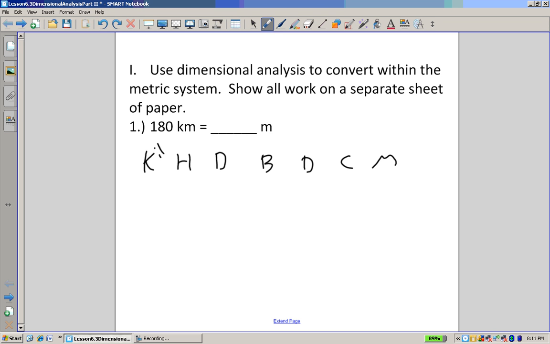This is kilo, this is hecto, deca, which is going to use the abbreviation DA, the base unit, deci, and this just uses a regular D, while this uses a DA. For example, decagrams, meters, liters, and grams are the base units.